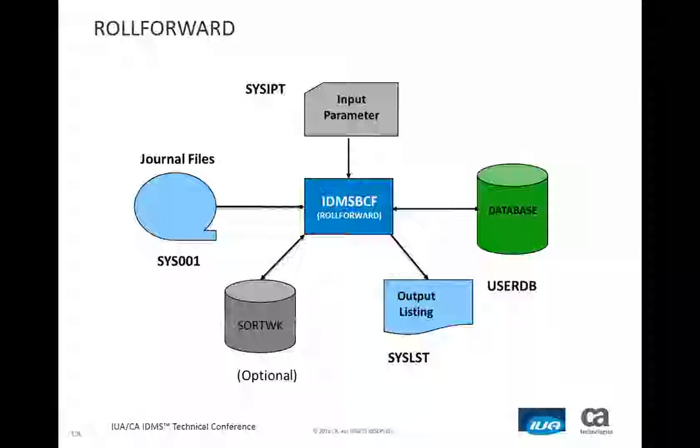The input into roll forward is a set of journal files, basically concatenated archive files for the time period covering the recovery. And of course, the output is a database that has its integrity restored. Optionally, we can have some sort work files defined to roll forward, which are going to be necessary if we're going to be using the sort option for the recovery utility, and we'll be talking about that.